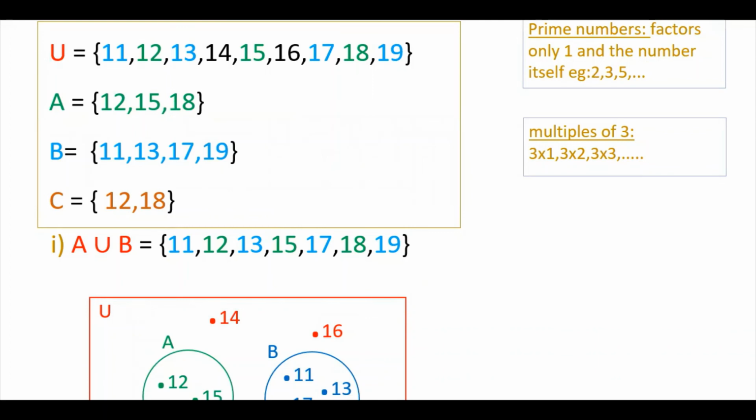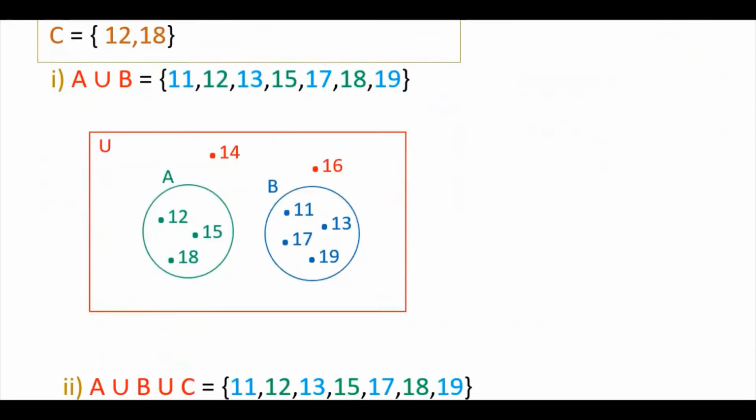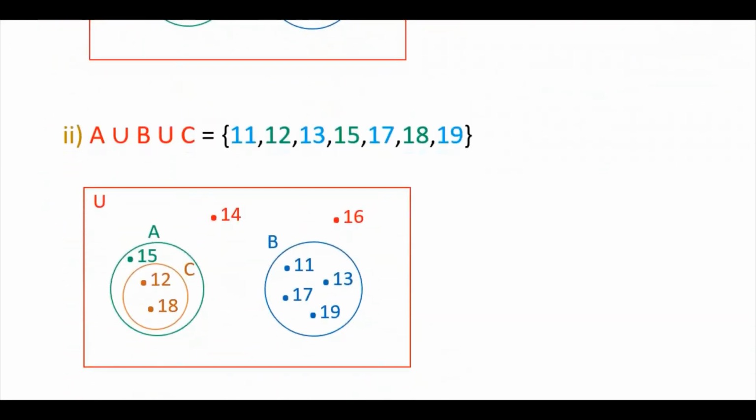So C is a subset of A. You have to show the C set like this, 12, 18, because these elements belong to C as well as A. And 14, 16 are extra elements of the universal set. So you have to show it like this.